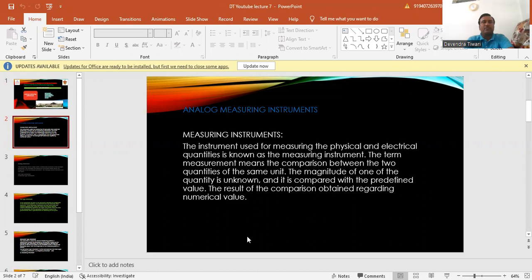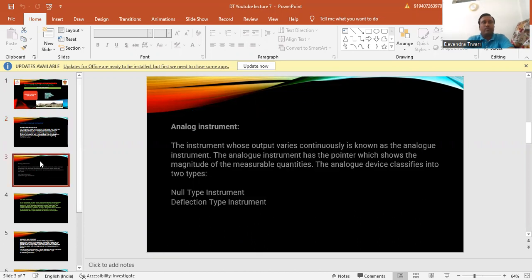The term measuring means the comparison between two quantities of the same unit. The magnitude of one of the quantities is unknown and it is compared with the predefined value. The result of the comparison is obtained as a numerical value.